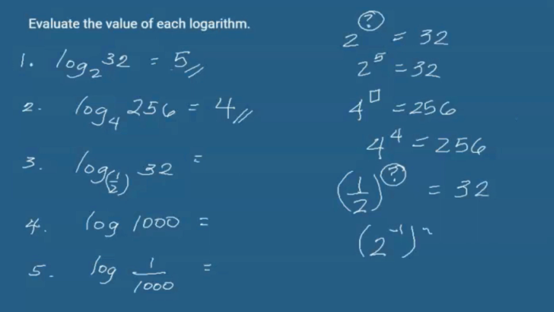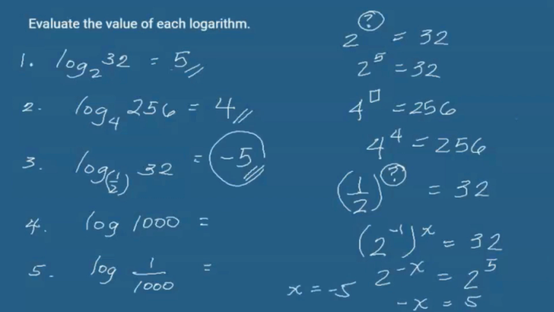And what's going to be our exponent x to make 32? So simplifying, that would be 2 raised to -x, and 32 is 2 raised to the 5th power. So -x is equal to 5. Therefore, x is equal to -5. Okay, number 4.